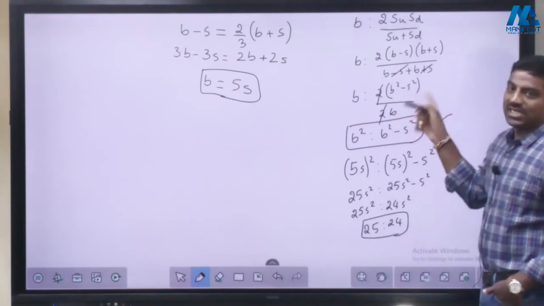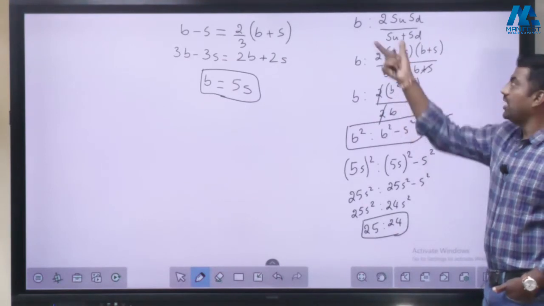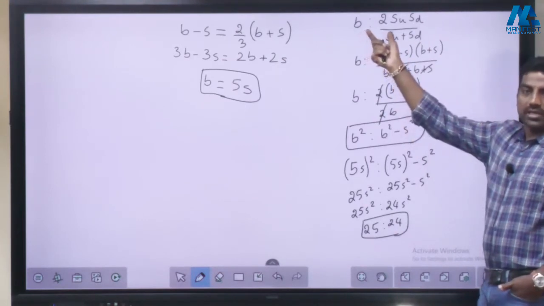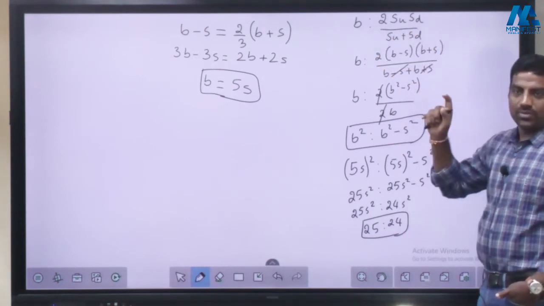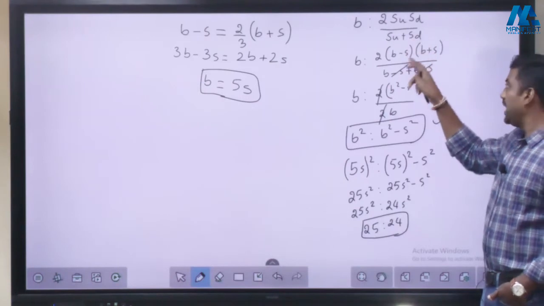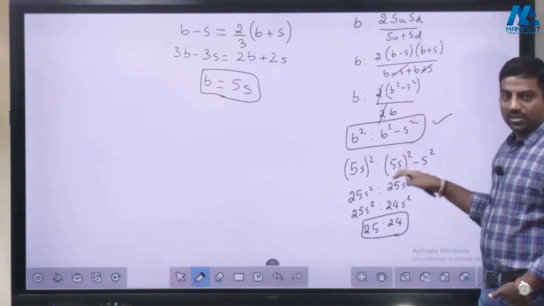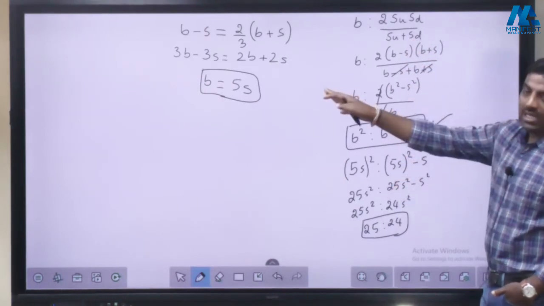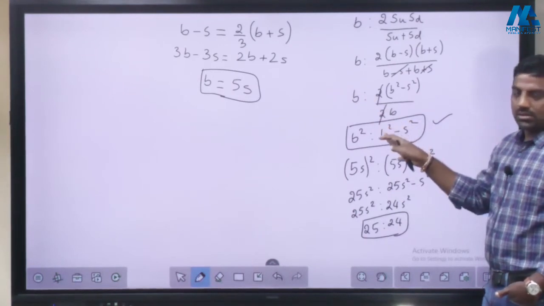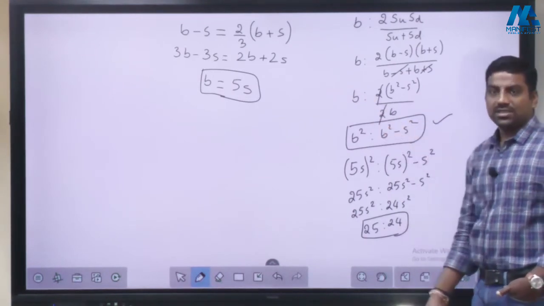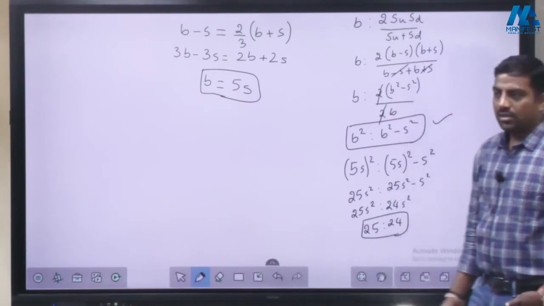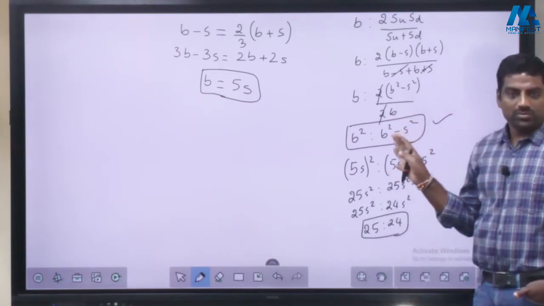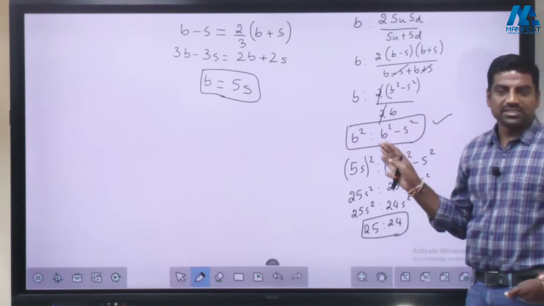This is the toughest problem that is possible, because you should understand this. The ratio of the boat in still water to the average speed: the average speed in terms of B and S will come to here. And when you know B in terms of 5S, then you can substitute and get the answer 25 is to 24. Done? This is the toughest problem possible in this chapter.